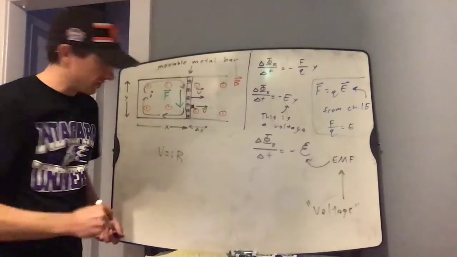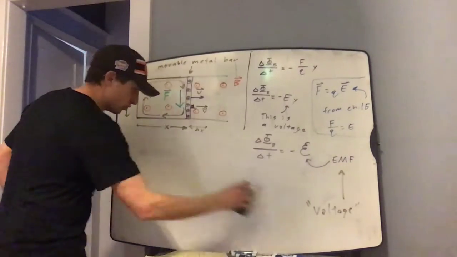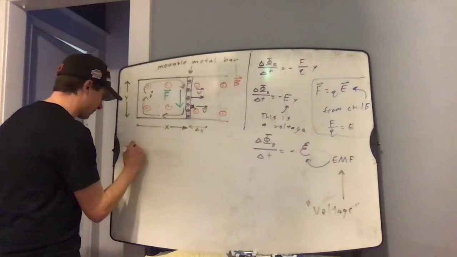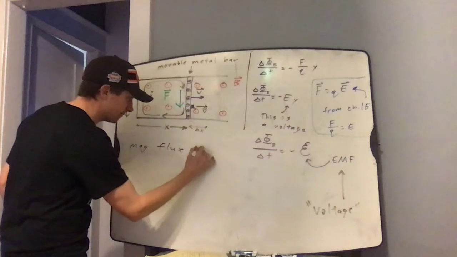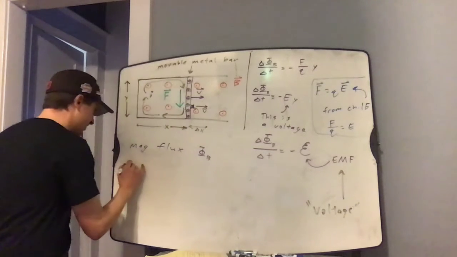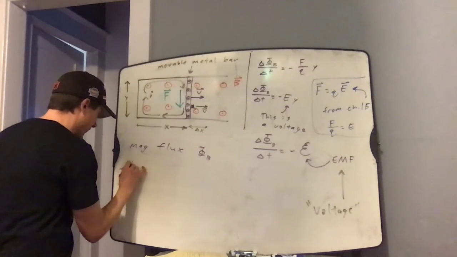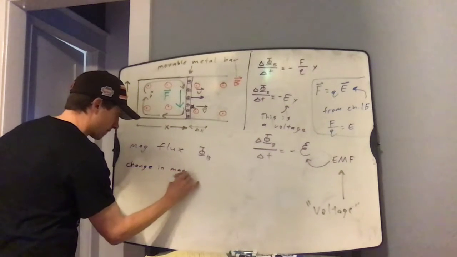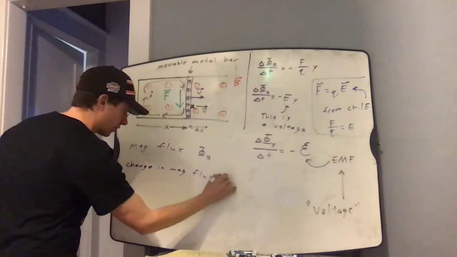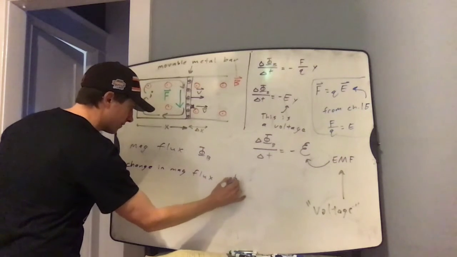So I want to point out that there is the notion of magnetic flux, which is phi b. There is a change in magnetic flux, which is delta phi b.